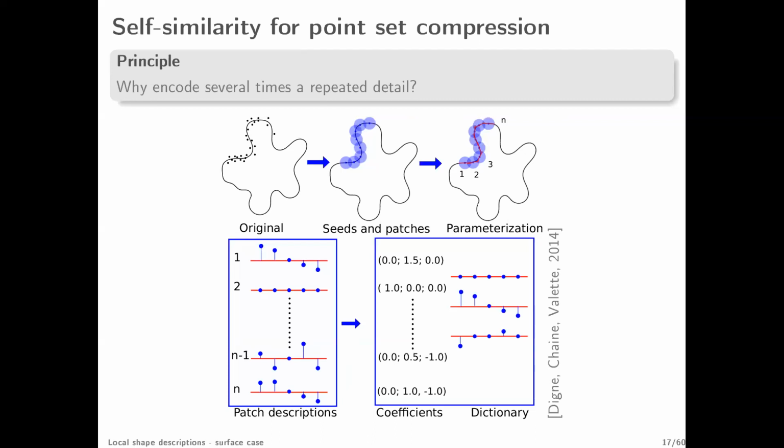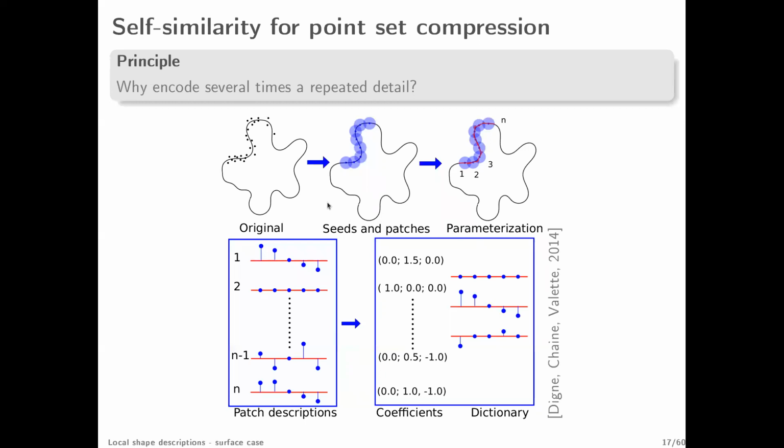And since we know that some features are repeated on the shape, maybe we can just encode them once and use the self-similarity to have something very small in terms of memory usage. So why would we encode the repeated detail several times instead of just once? This basically is the idea of this work.